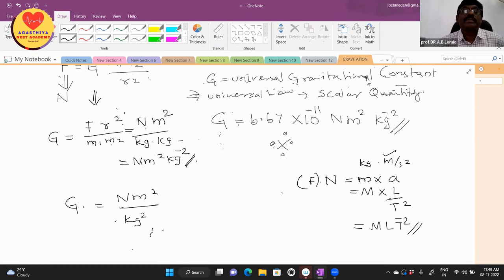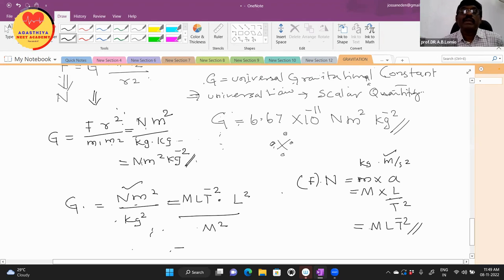Now substitute over here. For N, mass into acceleration, and for m squared, L squared, for kg squared, M squared. M squared gets cancelled, therefore M minus 1. Already here L and L squared, L cube, T minus 2.